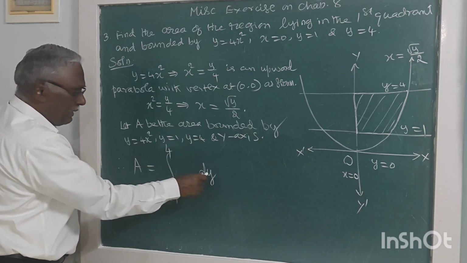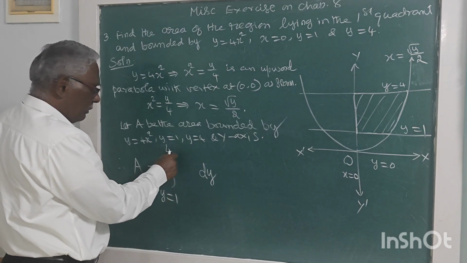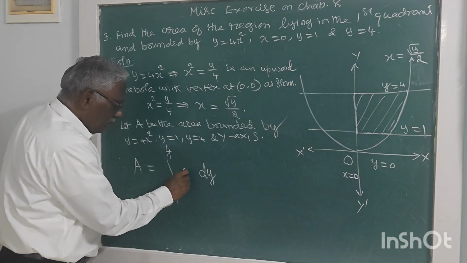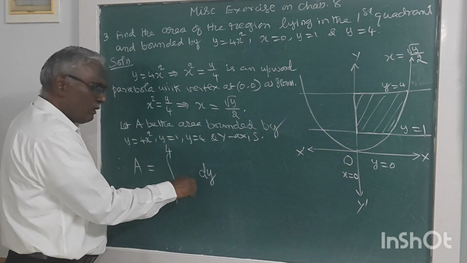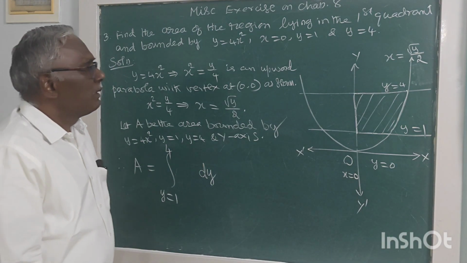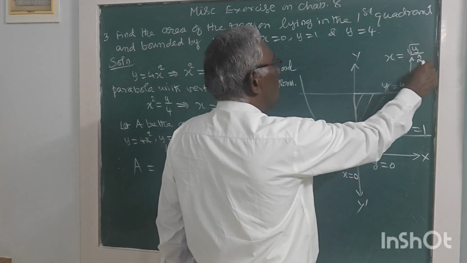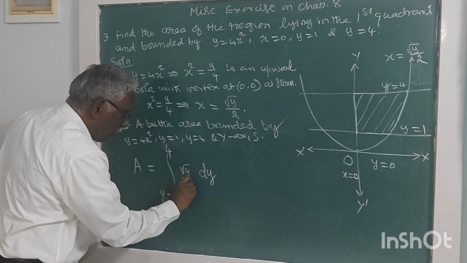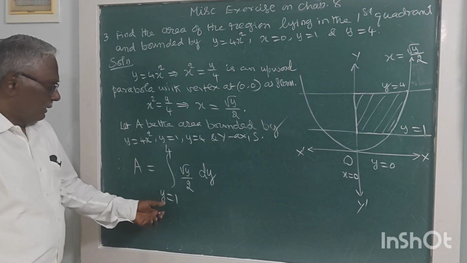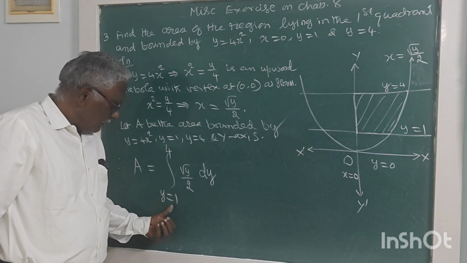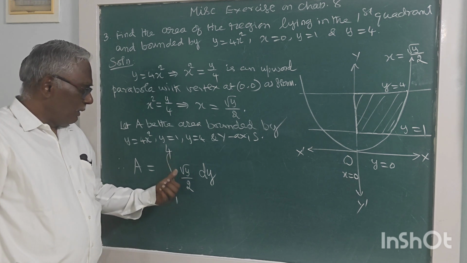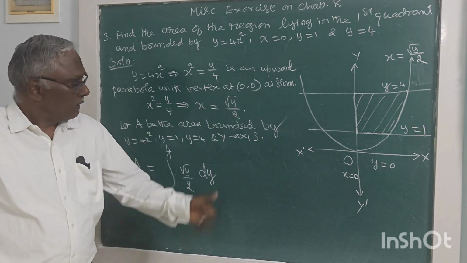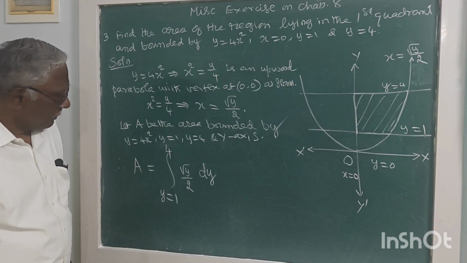When x varies, dx will come; when y varies, dy. dy means change in y, then x dy. x is nothing but f of y. So x is root y by 2. Here, the integral y varies from a to b, x dy. The x value is root y by 2.